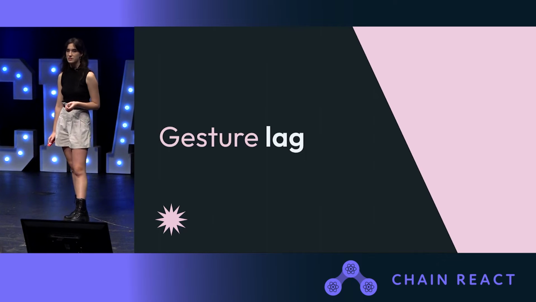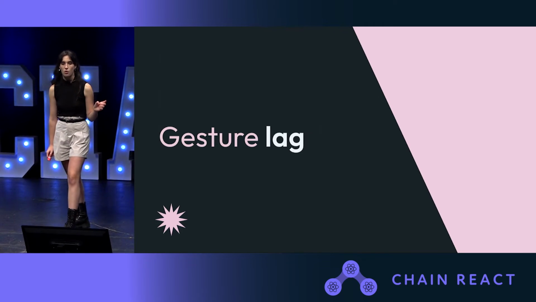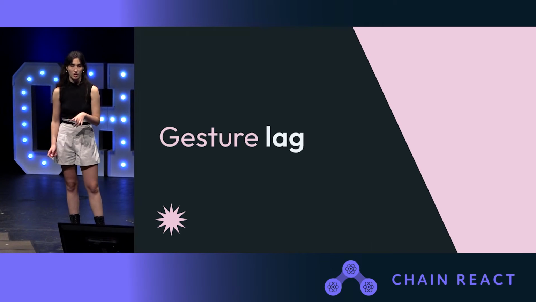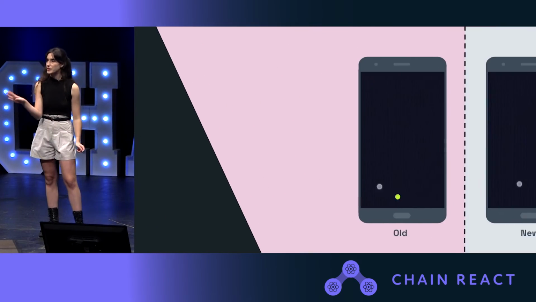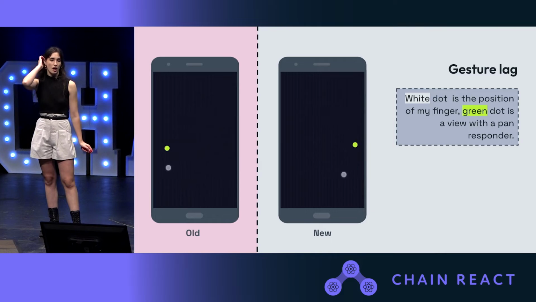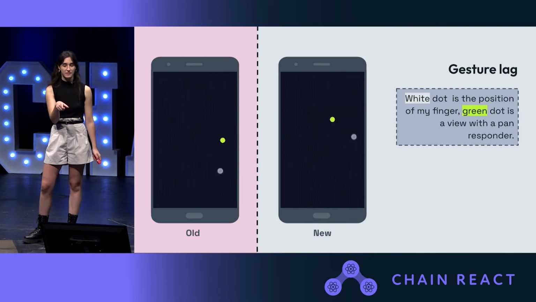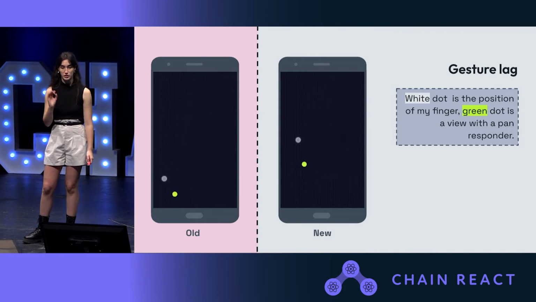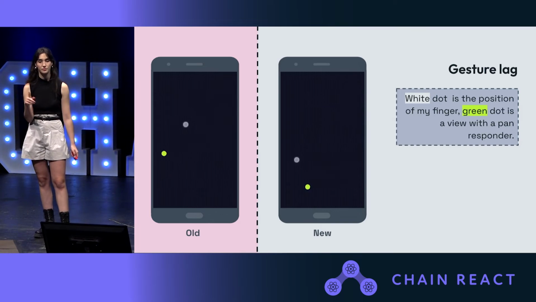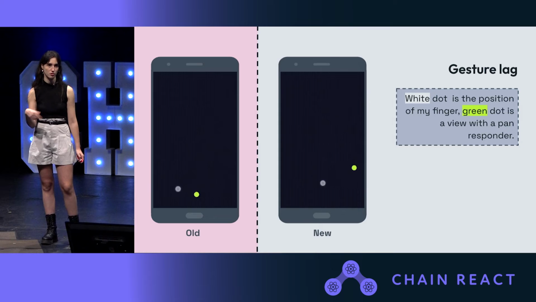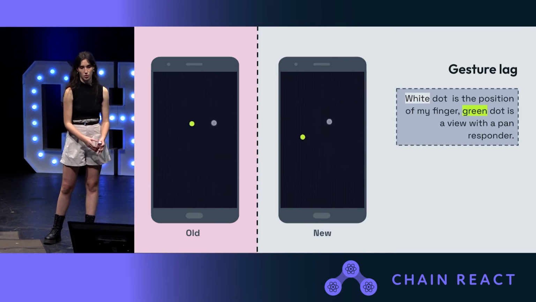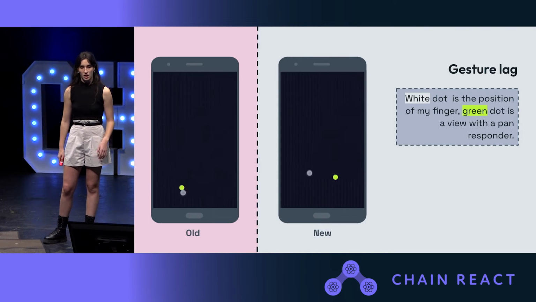Another thing I wanted to test was gestures. What would happen with a PanResponder, and if it would make any difference. You can see that I have a view. The green dot is a view with a PanResponder, and the white dot is the actual position of my finger that the operating system is capturing.